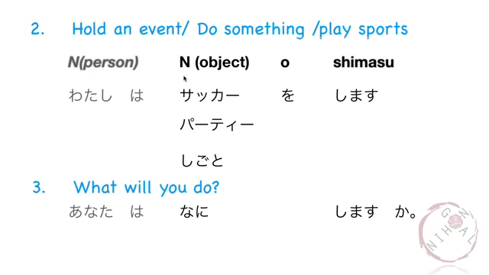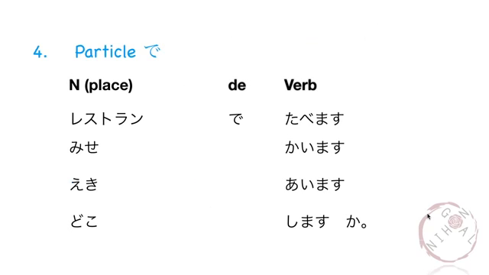Next is をします, which could mean hold an event, do something, or play sports. For example, サッカーをします. パーティーをします. 仕事をします. And to ask the question, what will you do? Or what do you do? 何をしますか?